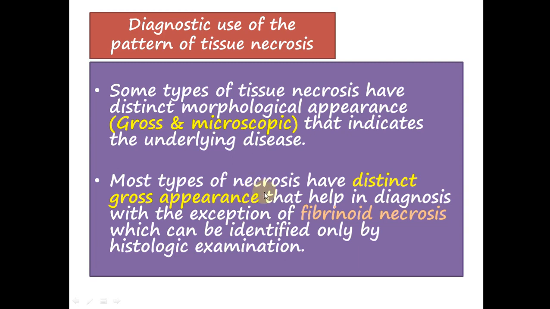However, one type of tissue necrosis, which is an immunologically mediated inflammation of the blood vessel walls, known as fibrinoid necrosis, may not give a gross appearance apparent enough to indicate the underlying disease. For this we use the microscope, and only after histopathological examination will we be able to label it as fibrinoid necrosis.